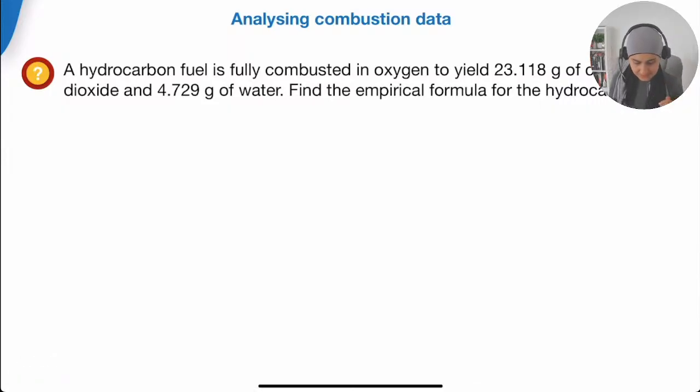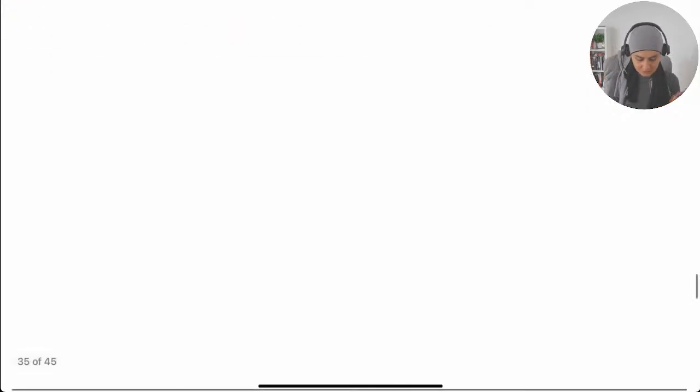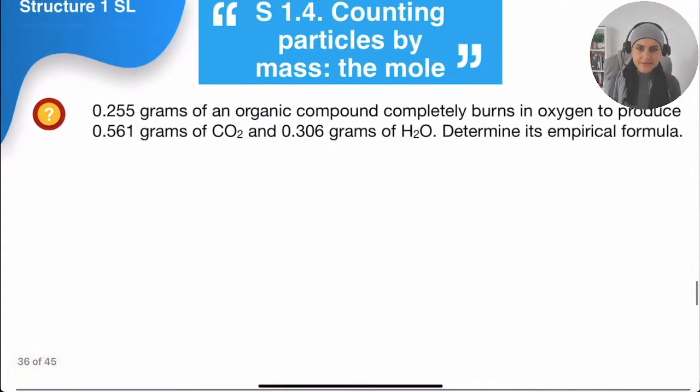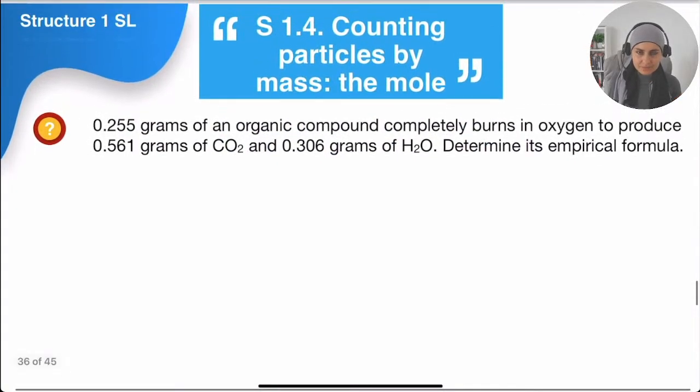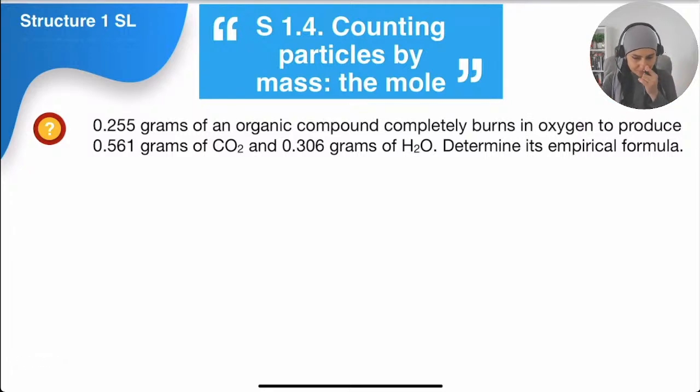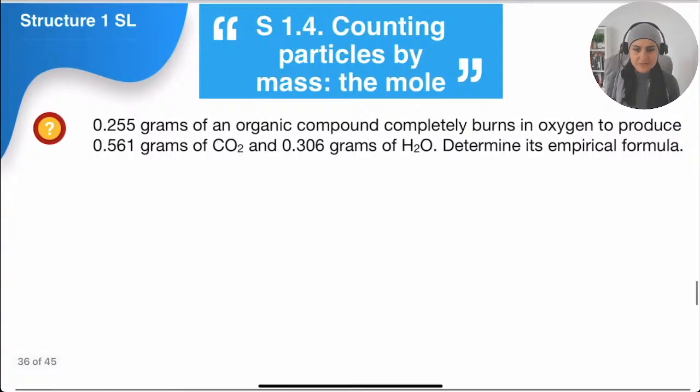Then analyzing combustion data. I did have a separate video on this. Let's do this one. I think I did it already on this channel. Another way to find the empirical formula is from combustion data, but you know what, I will not explain it.